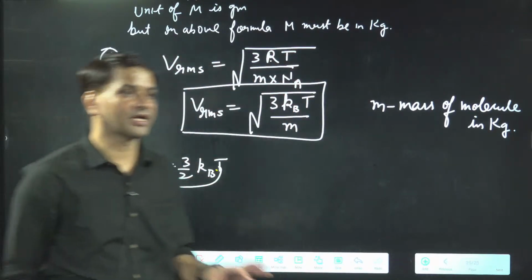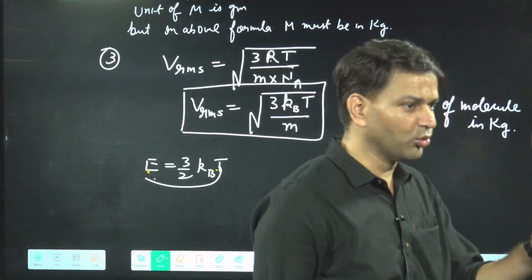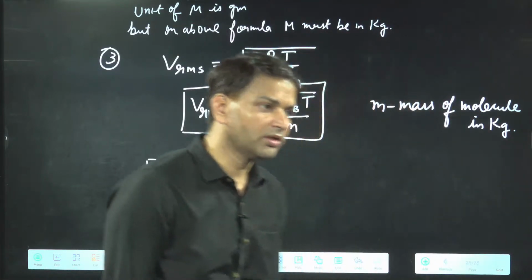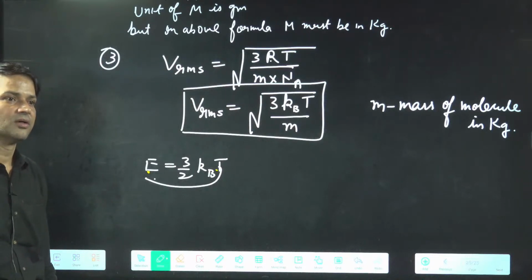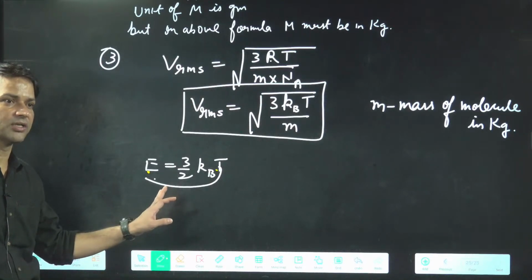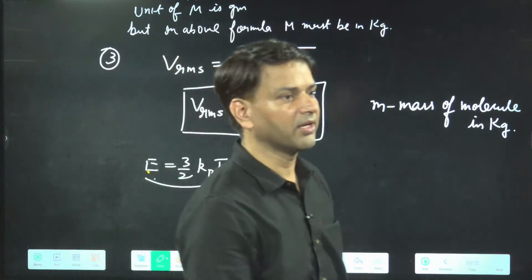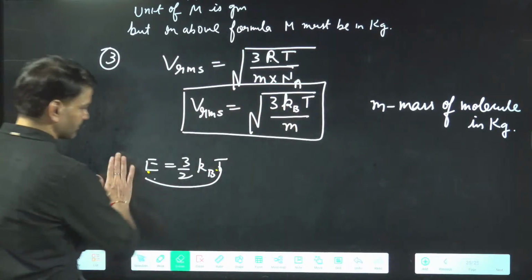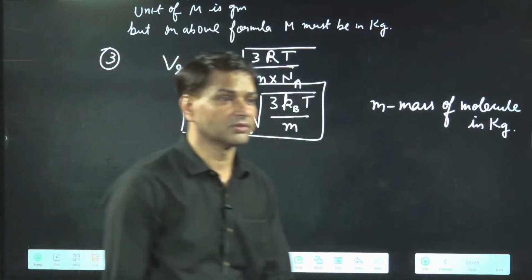T is the temperature, the fundamental unit Kelvin. We write the symbol K. So ML2 T minus 2 K minus 1. Yes or no? That is the dimension of the Boltzmann constant: ML2 T minus 2 K minus 1.